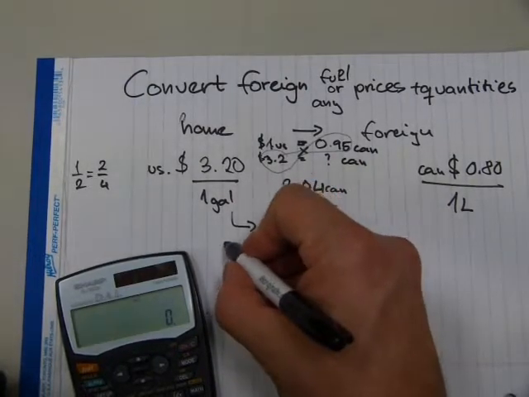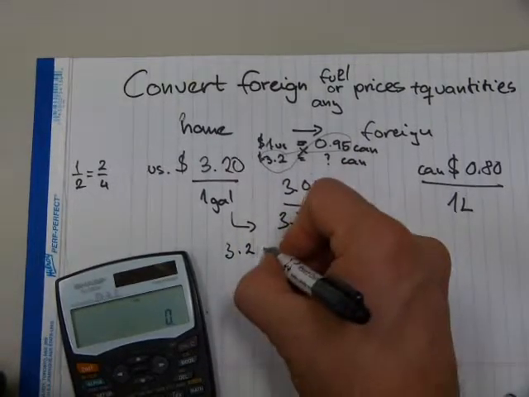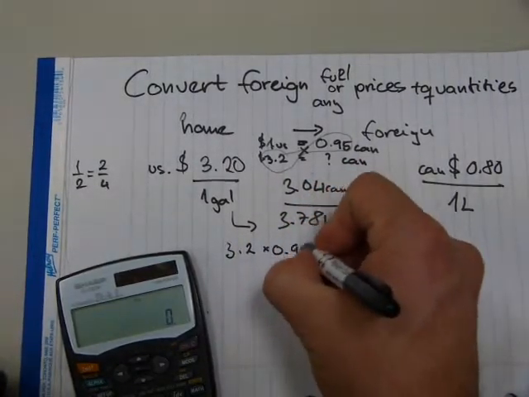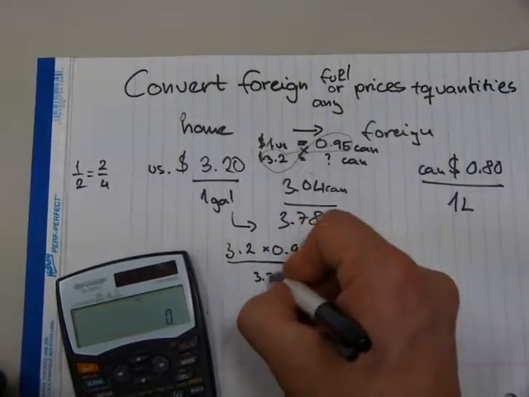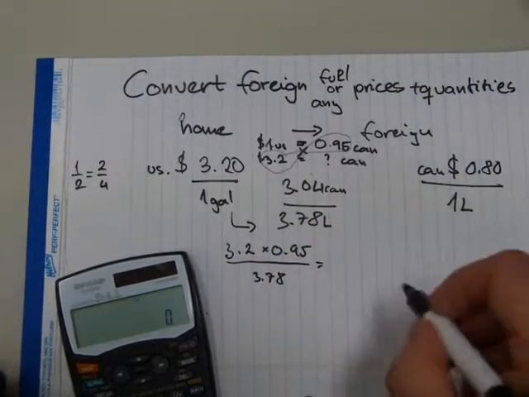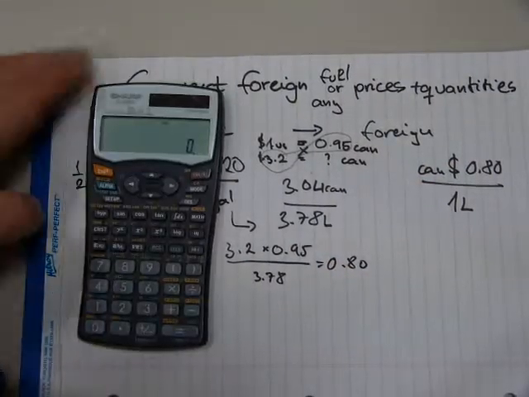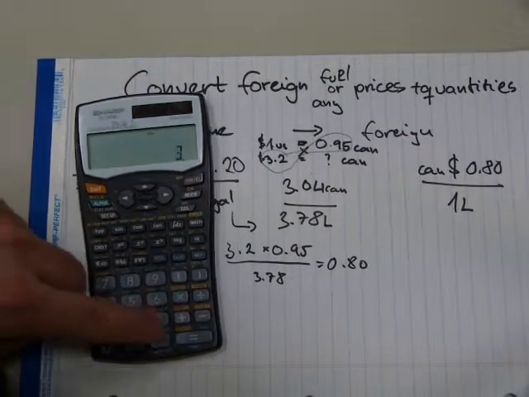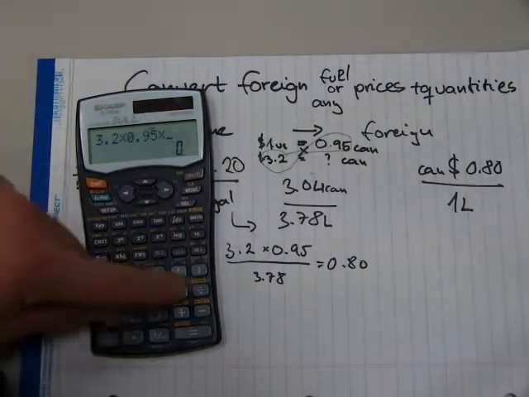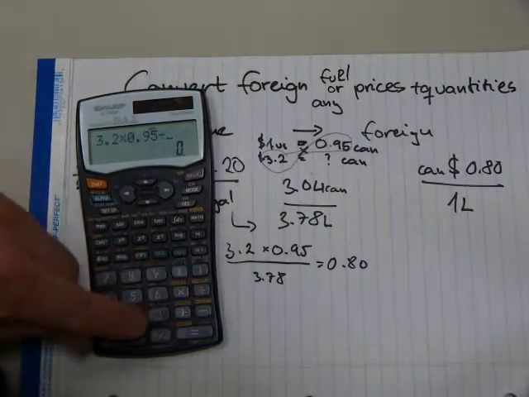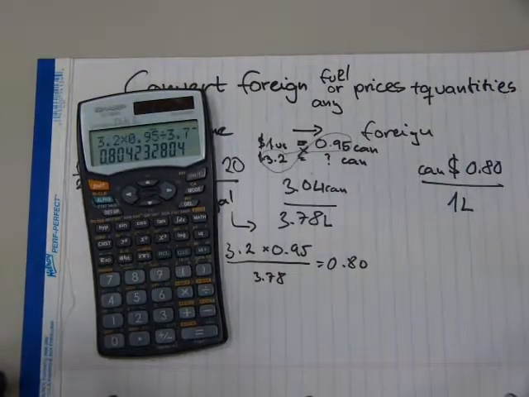We took the 3.2 and we times it by 0.95, and then it was divided by 3.78, and it was 0.8. Here, 3.2 times 0.95 divided by 3.78 equals 0.8.